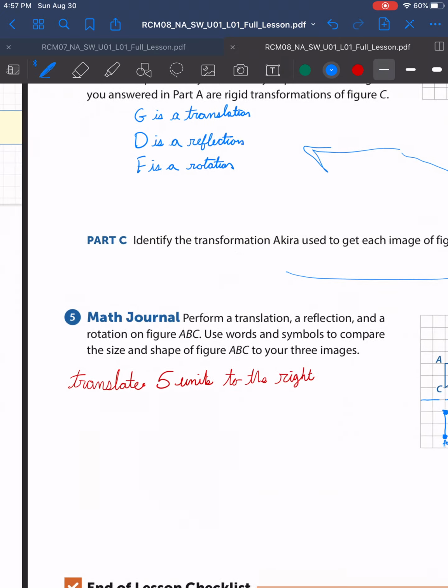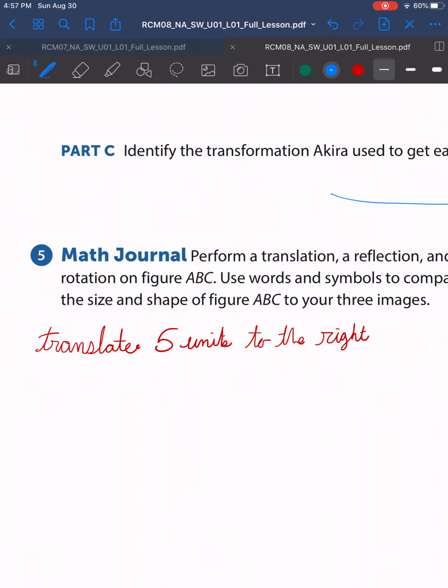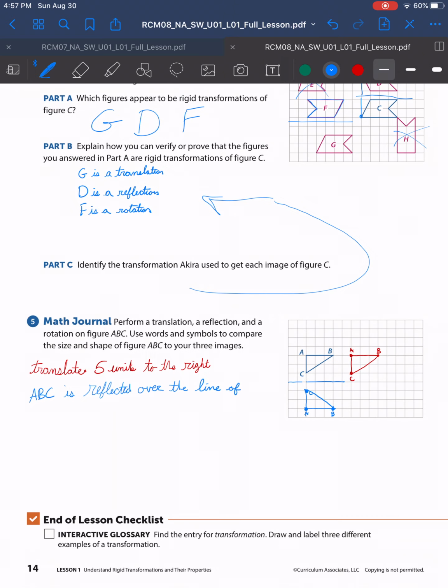Okay, so now I'm going to say over here, ABC is reflected over the line of reflection. Ooh, my word line got crazy there for a second. Lots of little squiggles. Okay, now we just have one more thing.